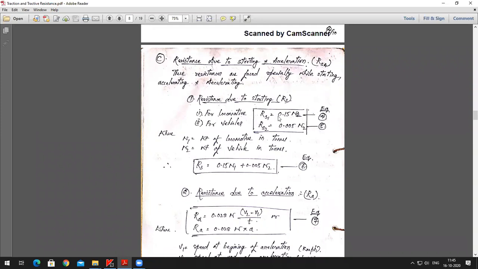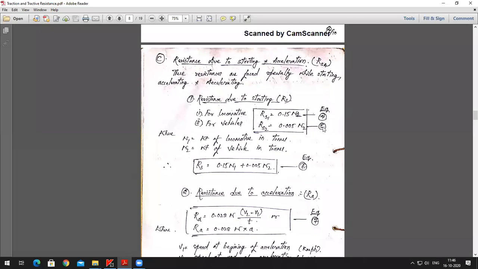RS1 is equal to 0.15 times W1, where W1 is the weight of the locomotive in tons. Then you have the weight of the wagons, so that is RS2. RS2 is equal to 0.005 times W2.